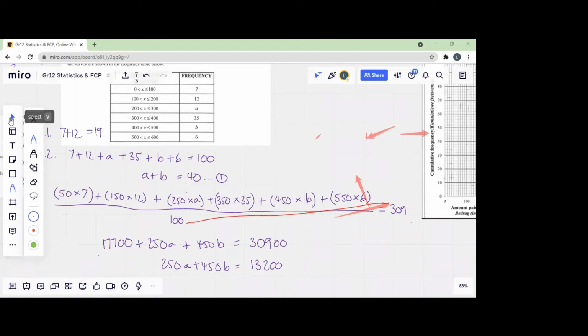All right, so Benedict, what did you get as your answer for A when you solved simultaneously? Did you get an answer for A, Benedict? $52.8.